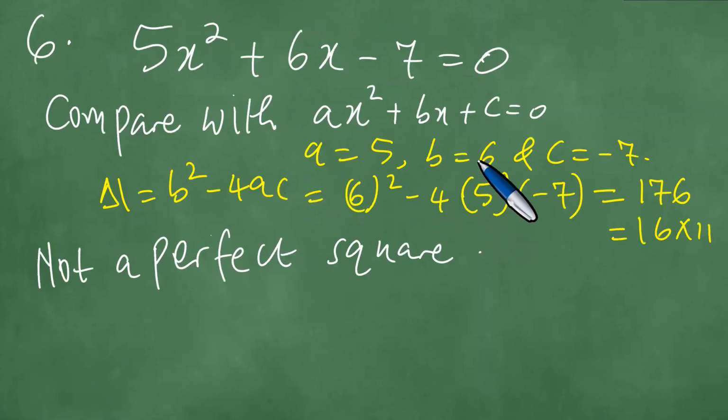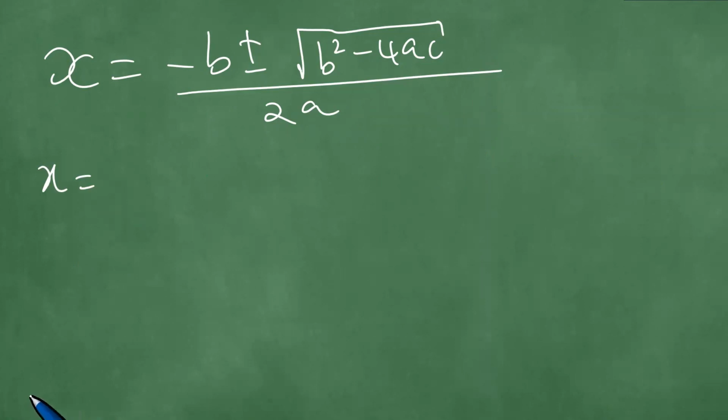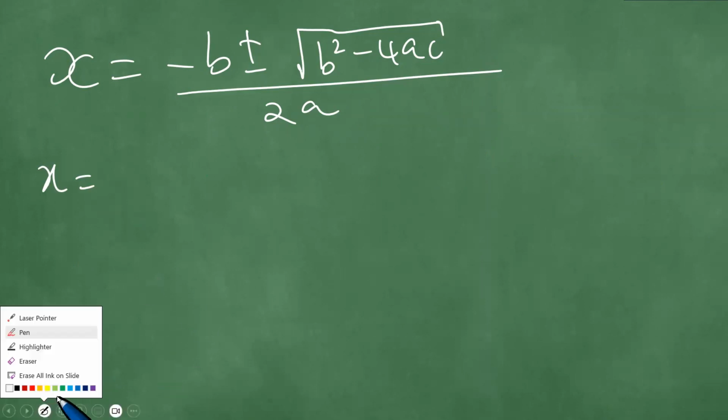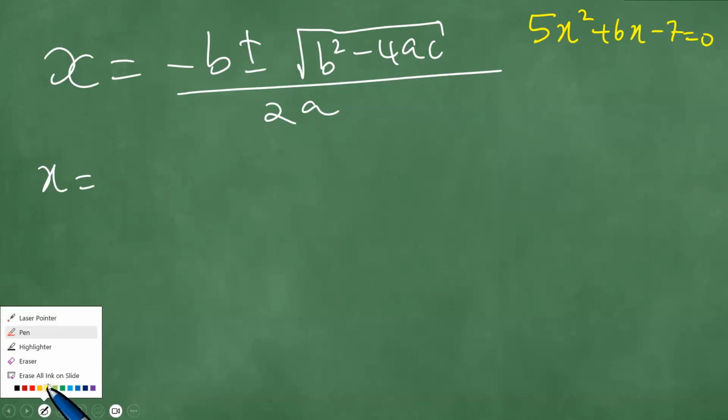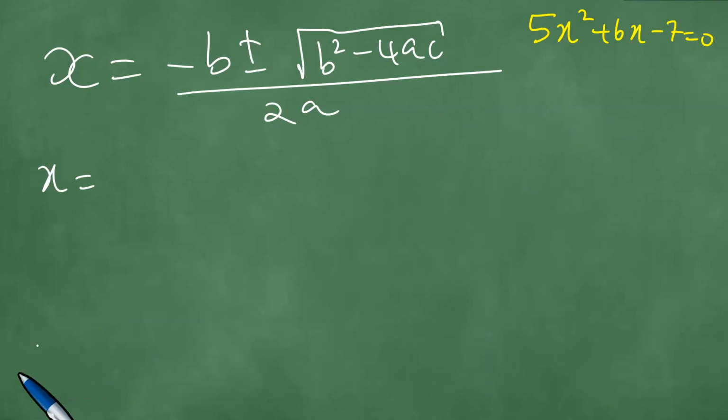Okay, let's just write the whole thing down: 5x squared plus 6x minus 7 equals 0. Right, we've seen the A, the B, and the C, so it's going to be minus 6 plus or minus the square root of.